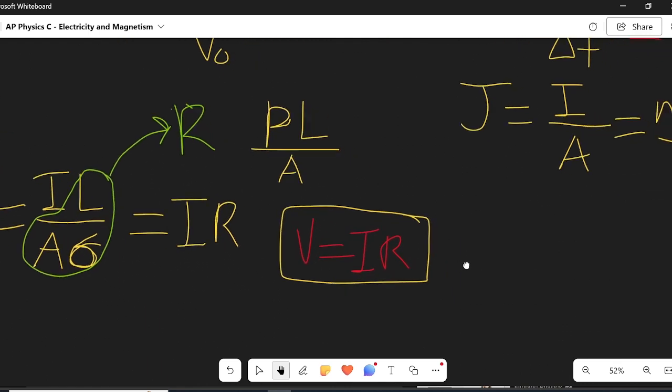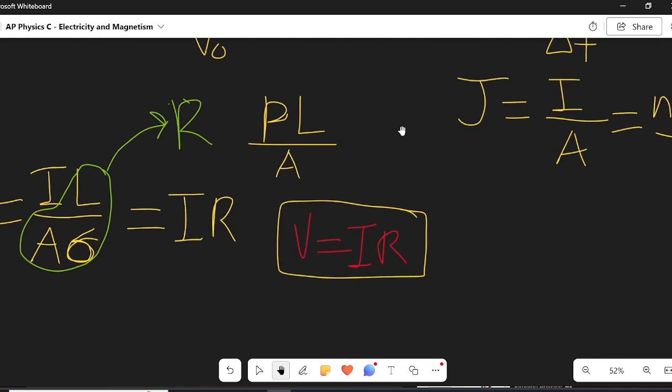So two objects can have the same resistivity. They're both going to be made of, let's say, rubber, so they're going to have the same resistivity because it won't differ for the same material. But they could be longer or they could have larger areas. If we break down this new form of resistance, if the resistivity is higher, this means that the material naturally slows down charges.